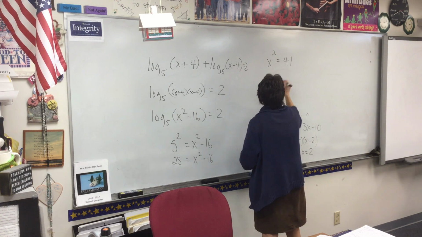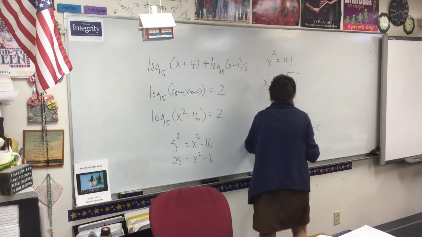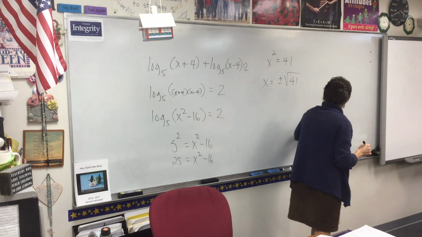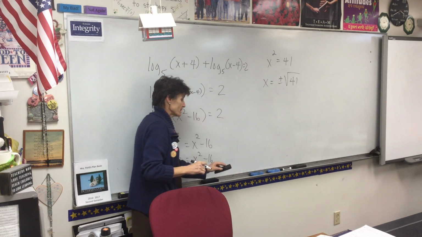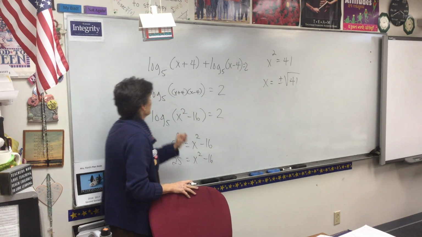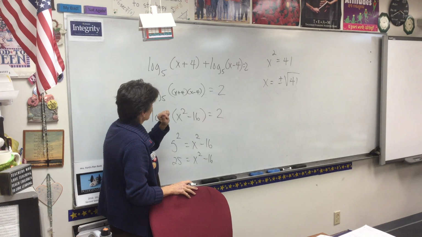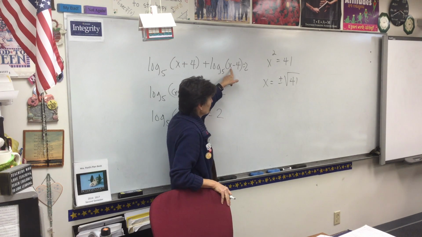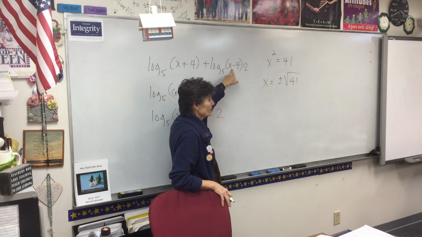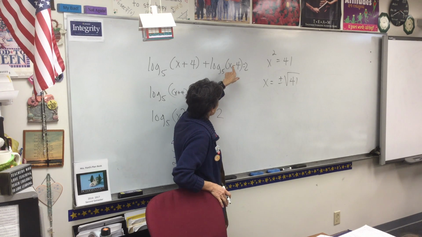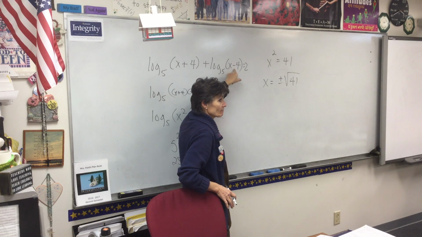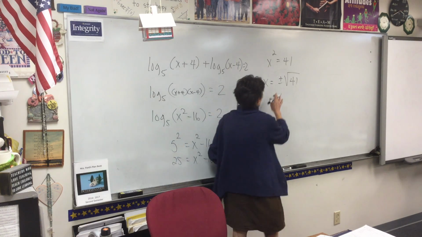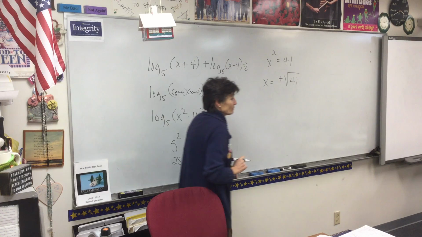So x equals plus or minus the square root of 41. Oh, the world is not whole numbers, so don't panic that we got a crazy radical. But can I put a negative number in here? Is that going to be okay? No way. Because if I put in a negative number and subtract 4, won't that be negative? So the answer is just the positive root.